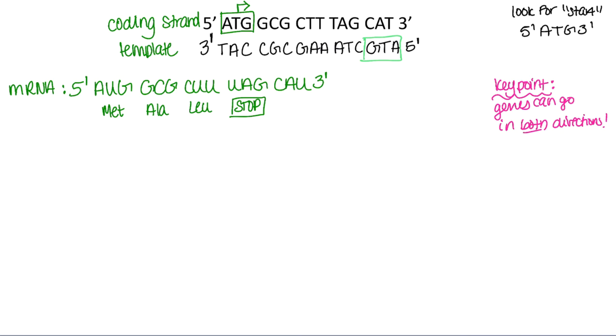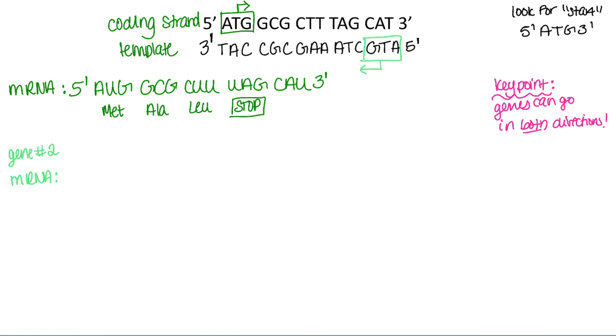So it turns out we actually have two genes. The second one here is going to go to the left. So we're going to do gene number 2, and we're going to figure out its mRNA. So now, using this lighter green color here, here's our ATG.